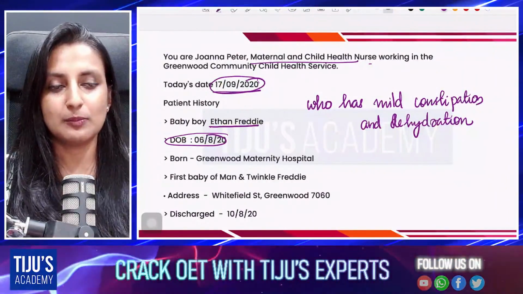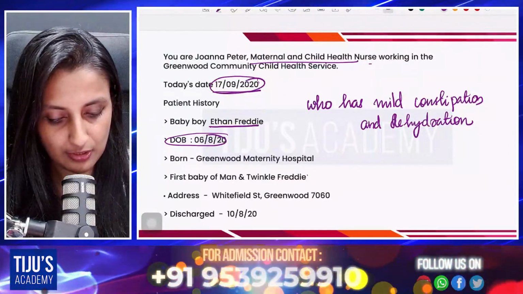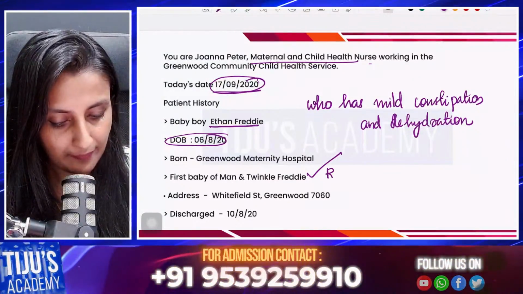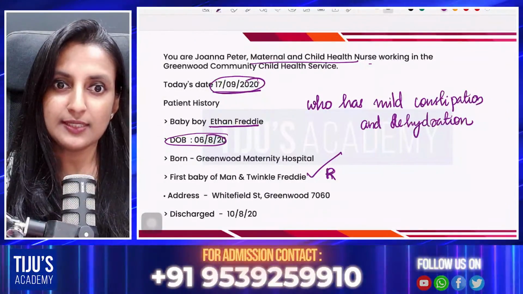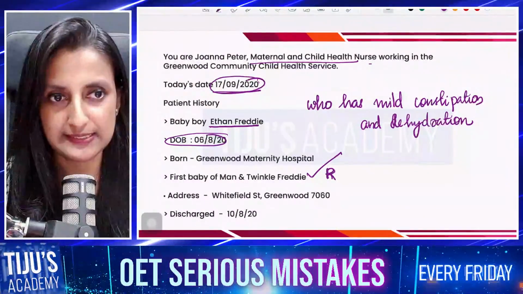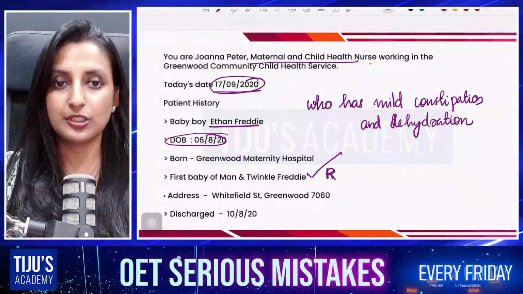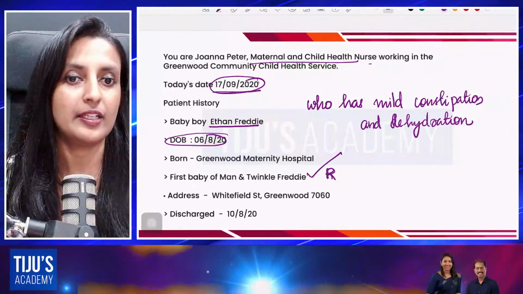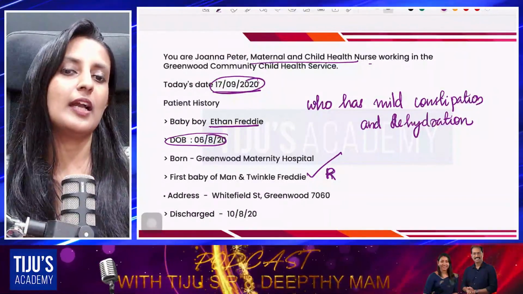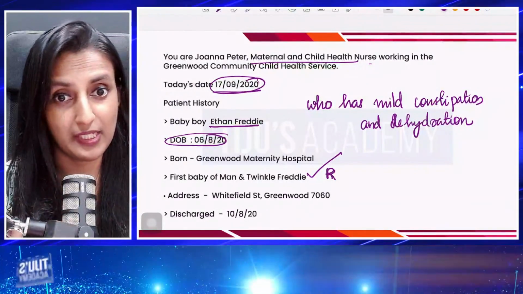So the first baby of Matt and Twinkle Freddy, this is a completely relevant point. We should start with the social history for this letter, because the lactation consultant should be aware that this is the first child. Only then will everything else we say make the correct meaning.